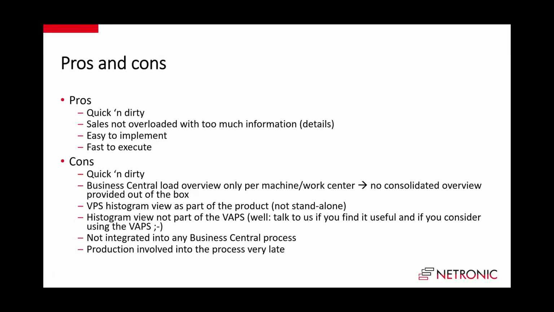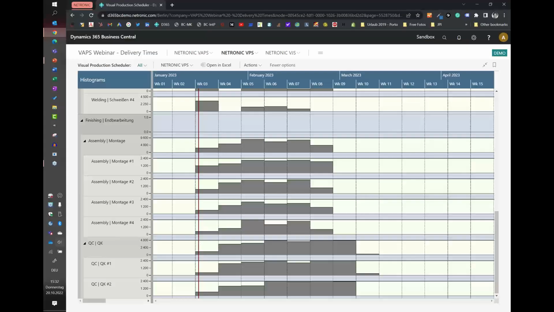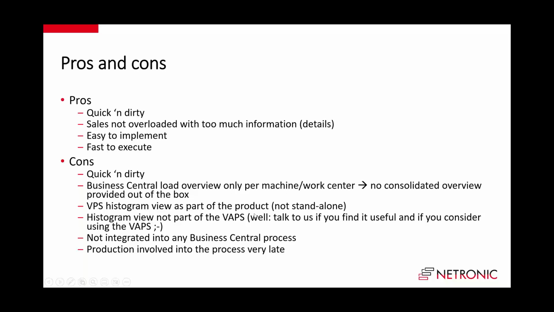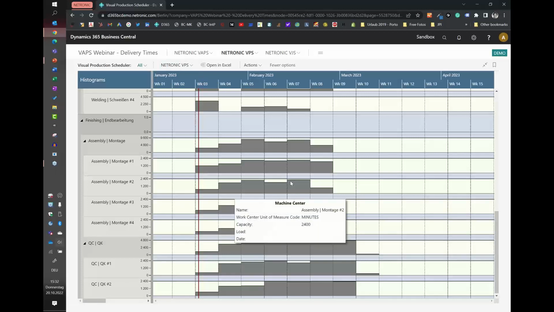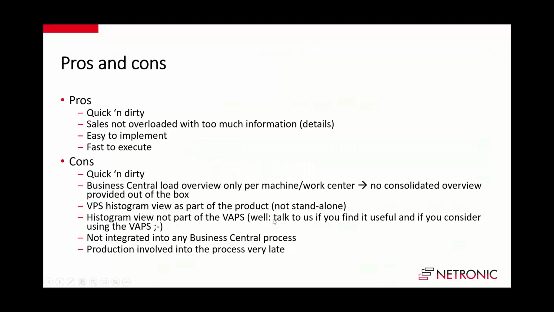Also, our finite capacity scheduling product is the VAPS, and this view here right now is not part of the VAPS. But if you think that this could be useful in combination with your VAPS usage, and I know we have at least one customer on the call who told me that this view will be very useful for them, then talk to us, and we will definitely find a good way to cope with this demand that you have.